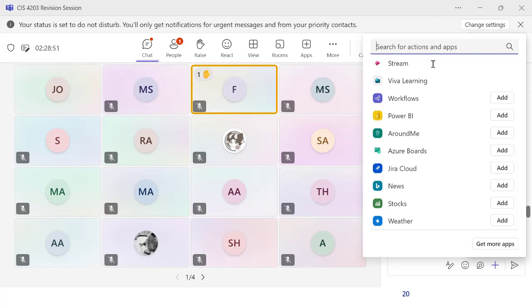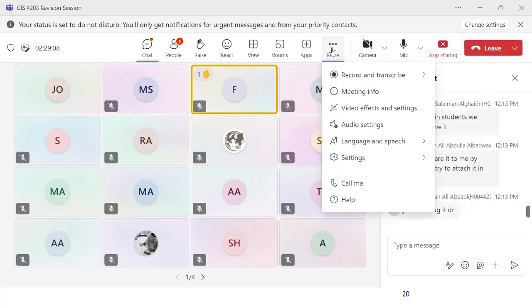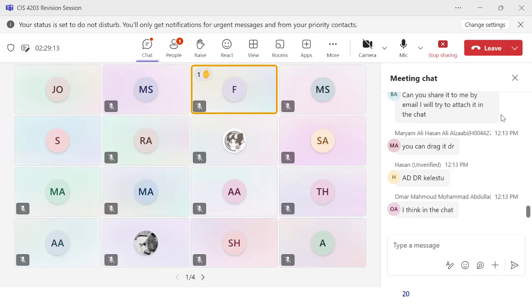Dr. Mohammed, do you have any idea? I don't know what has happened, because usually I'm able to attach documents. There's no way of attaching a file. Usually it should be available, but it's not there.